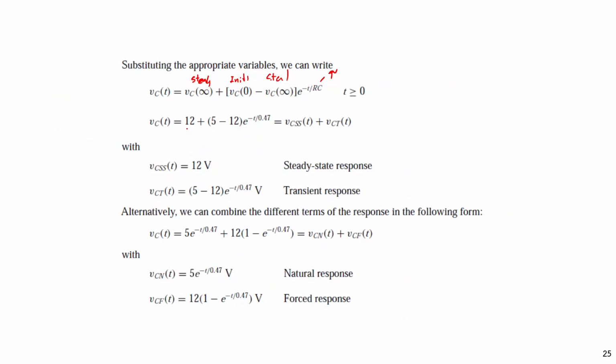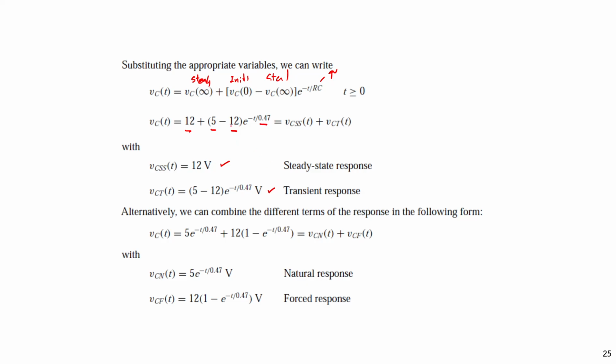At steady state Vc is 12, at initial condition it's 5, and the time constant is here. So this is Vc. The steady state response is 12, and the transient response is here.